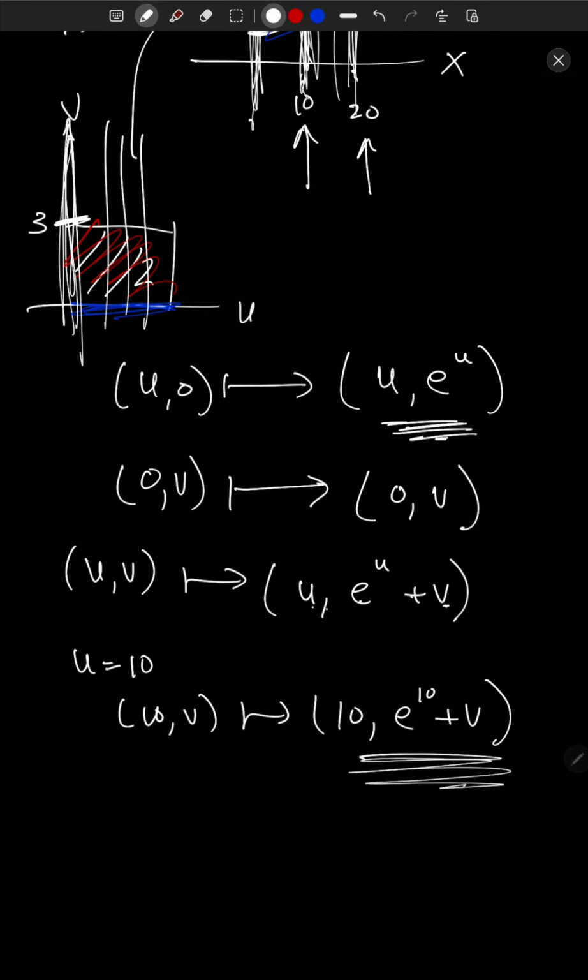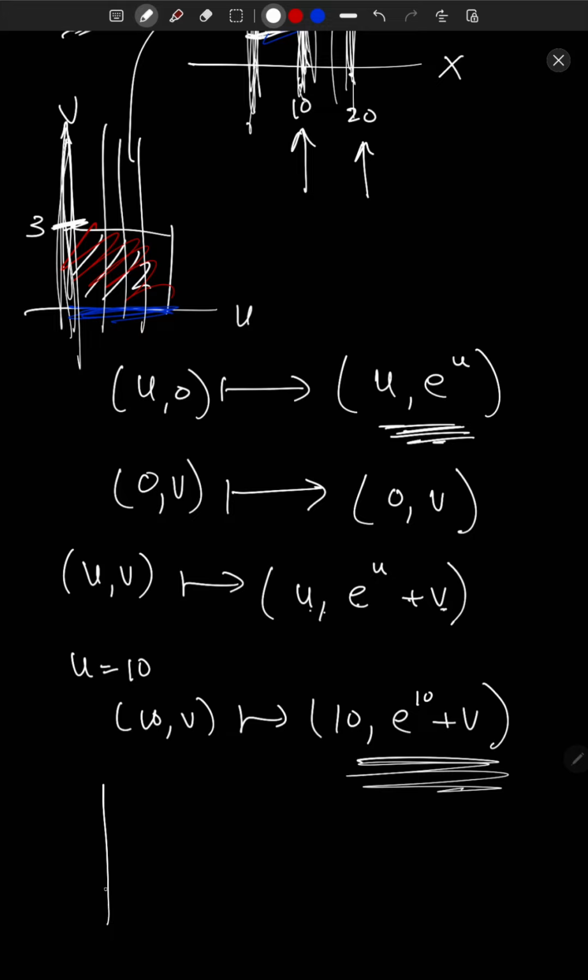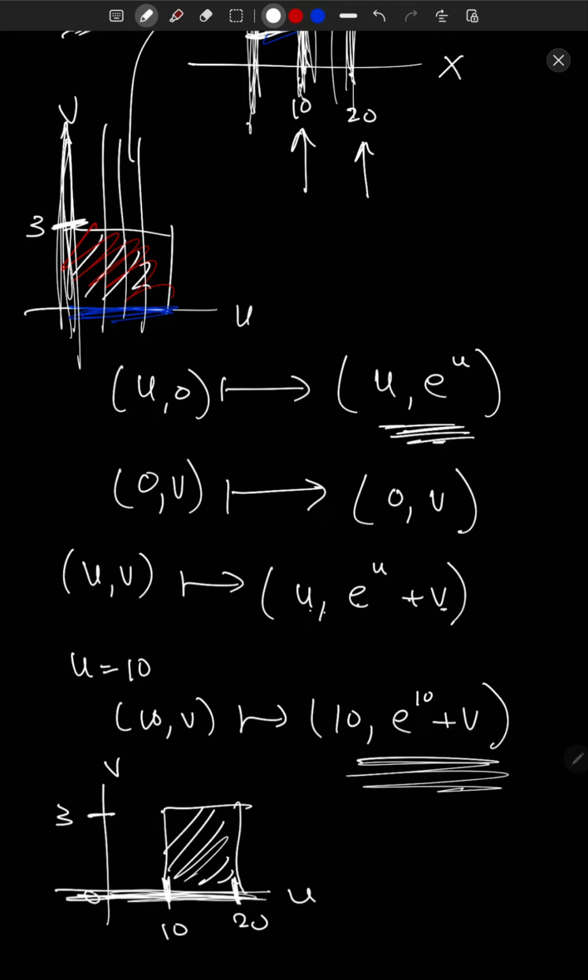So this means I'm integrating from, let me draw it down here. I already decided I want to integrate in uv. I want to integrate from v equals 0 to v equals 3, and I want to go from u equals 10 to u equals 20. Because 20 comma v is going to go to 20 comma e to the 20 plus v.